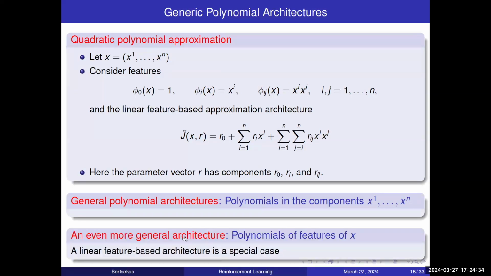An even more general architecture is, instead of directly using x1 till xn, we may construct feature vectors phi 1, phi 2 until phi m, and use polynomial terms of those phi's in place of xi and xj. Typically this architecture should be more powerful, but the choice of those features is also important.